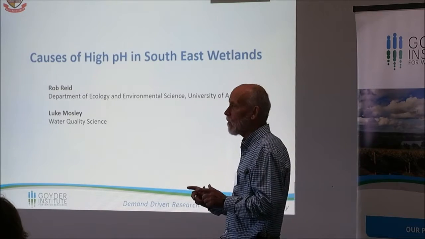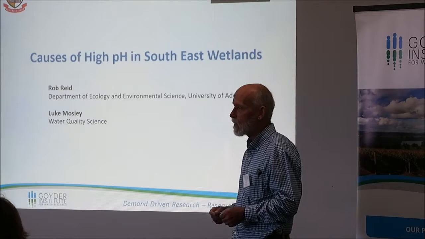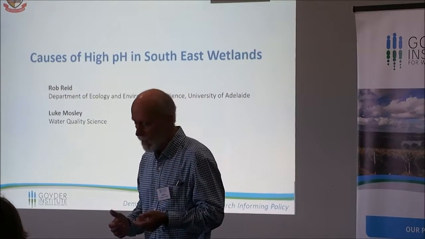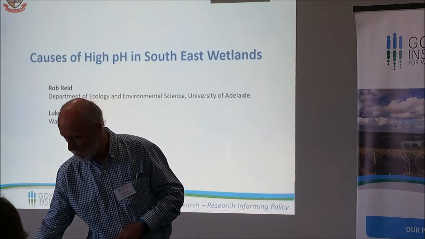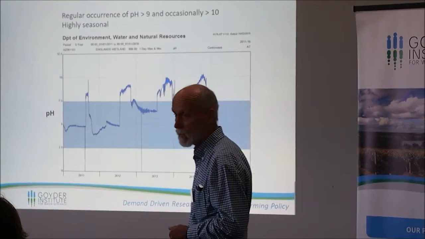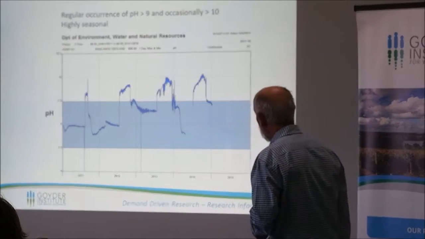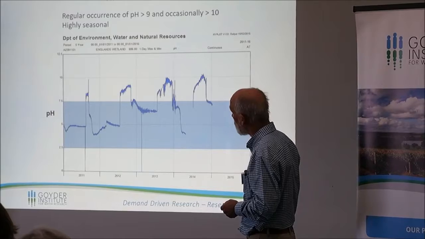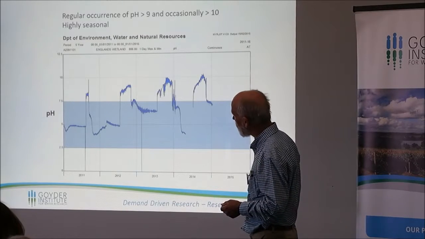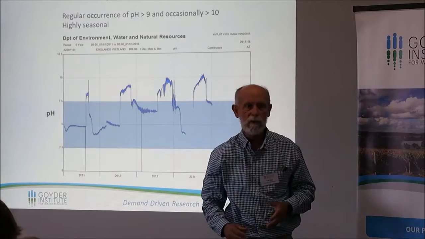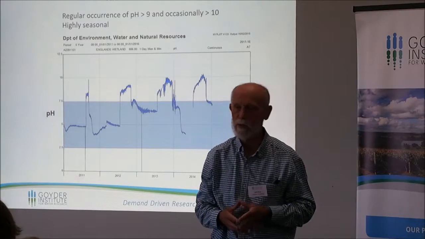But I was co-opted onto this project to investigate a rather different phenomenon, and that was the high pH which you often see in the southeast in the wetlands. And we know this from the telemetered data in a lot of these wetlands, that seasonally the pH can actually get up around pH 10, which seems rather extreme for biological organisms.